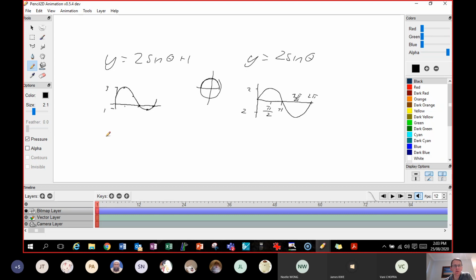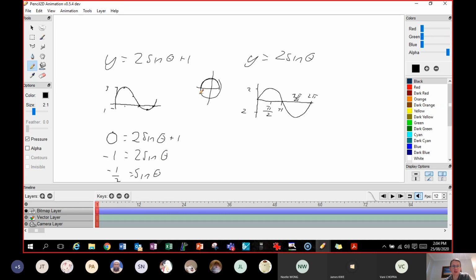I'd need to let x equals 0, y equals 0, because that's what we always do to find your x-intercepts. And it's going to be 0 equals 2 sine theta plus 1. All right, -1 equals 2 sine theta. And then I've got -1/2 equals sine theta. Now I know when sine theta equals 1/2, it's going to be pi on 6.